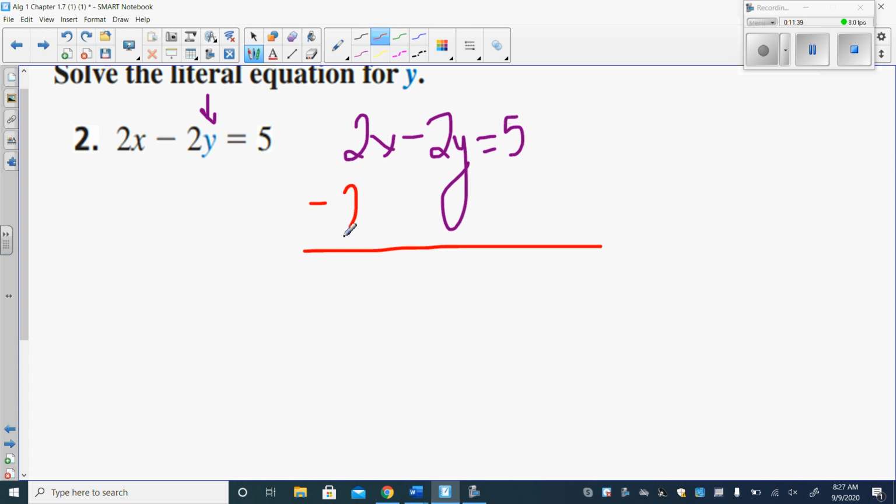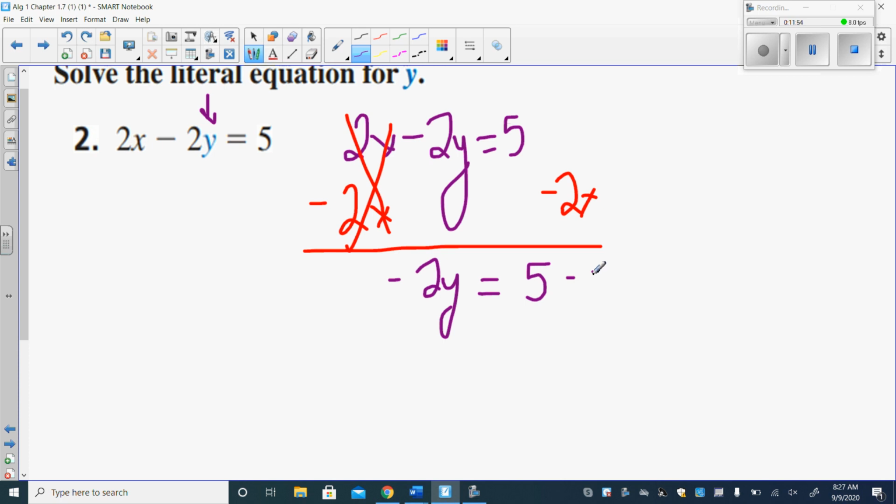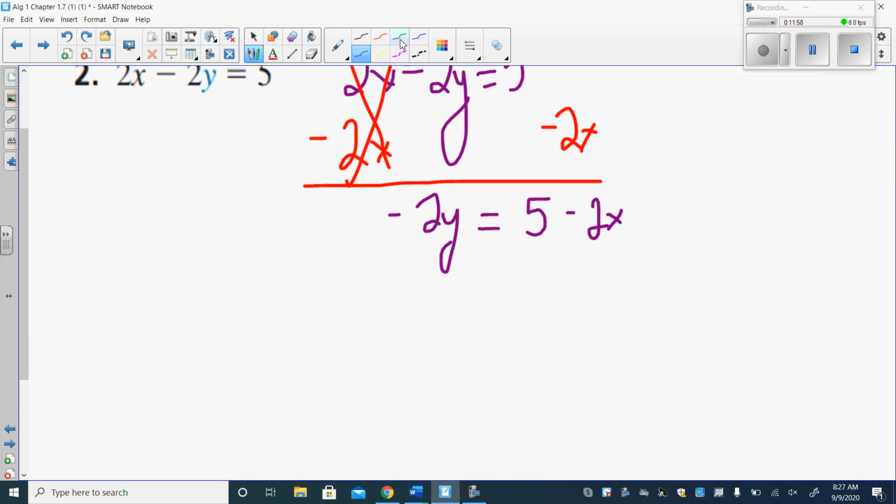And since 2x is positive, we will subtract 2x from both sides, because 2x minus 2x will cancel out, leaving us with negative 2y equals 5 minus 2x.